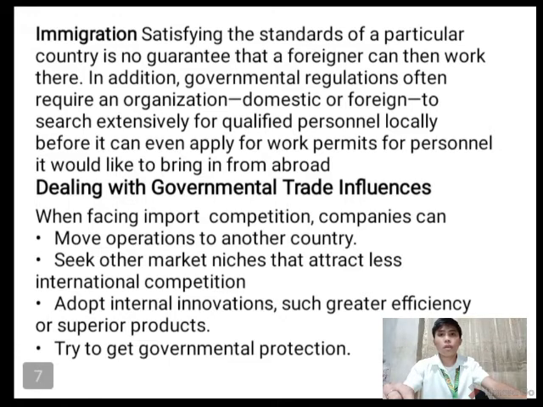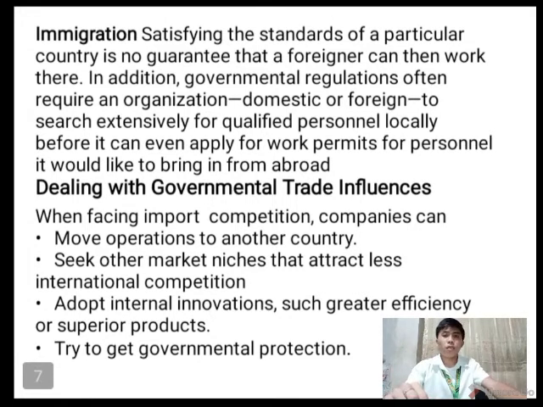In addition, governmental regulation often requires an organization, domestic or foreign, to search extensively for qualified personnel locally before it can even apply for work permits for personnel it would like to bring in from abroad. We put this immigration restriction to protect the people in that country because of poverty.